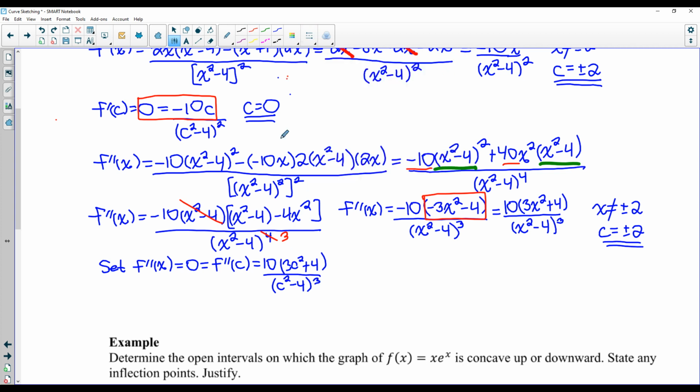Now, if you look at the numerator here, if you set 10 times 3c squared plus 4 equal to 0, there is no solution, because you would just be setting 3c squared plus 4 equal to 0, and there's no way that you can make the 3c squared term negative to offset the positive 4. So again, 3c squared plus 4 cannot be equal to 0. So there's no solution for that.